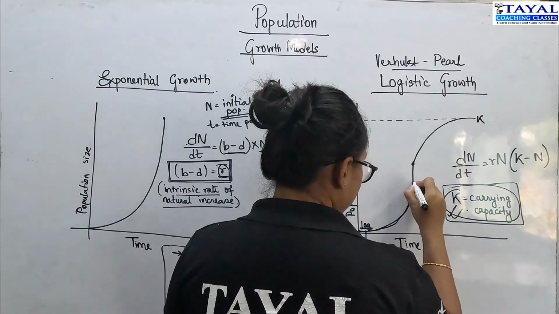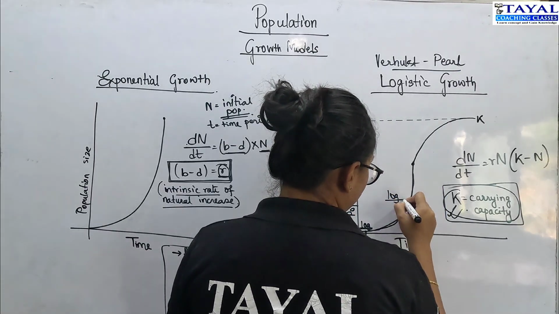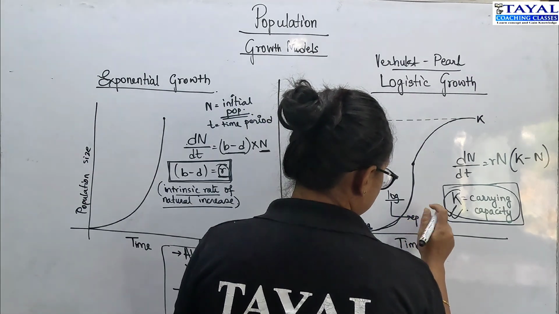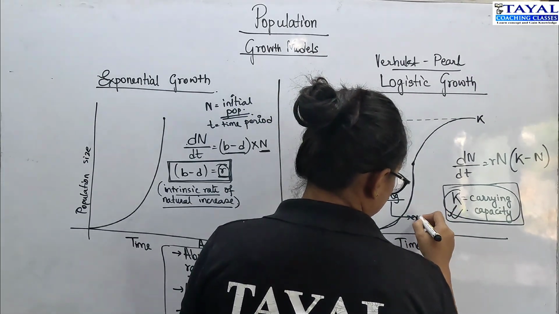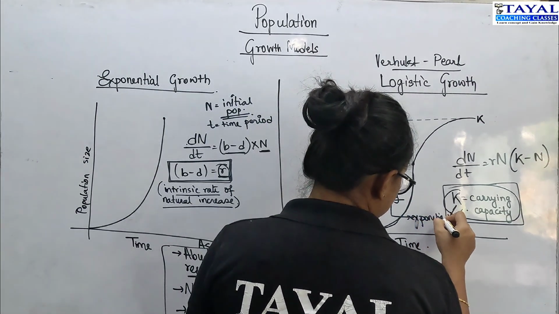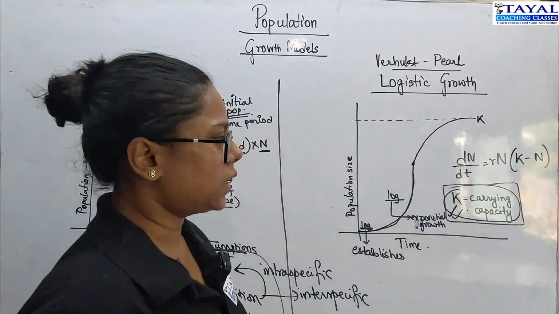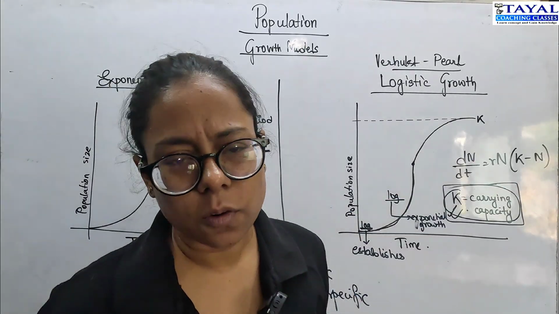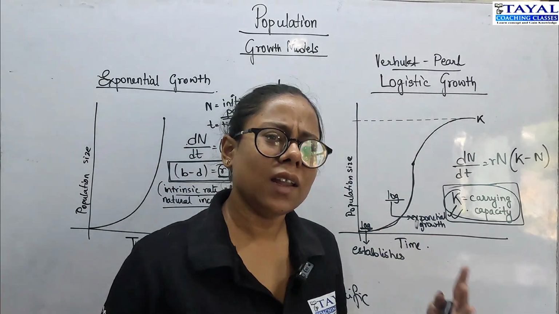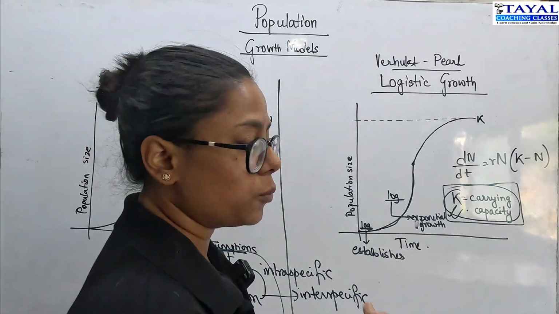Then there is a log phase where it exponentially grows. This is the exponential growth phase, because at this point the carrying capacity is way ahead of it, right? So there are a lot of resources, least amount of predators.